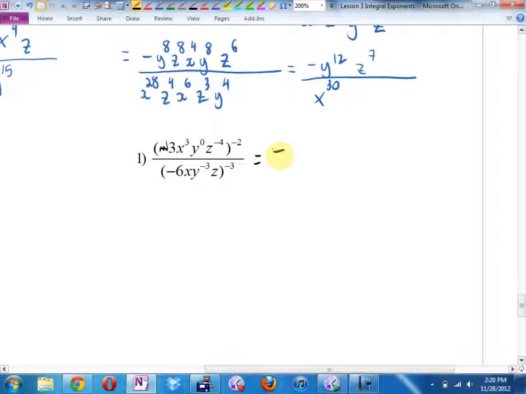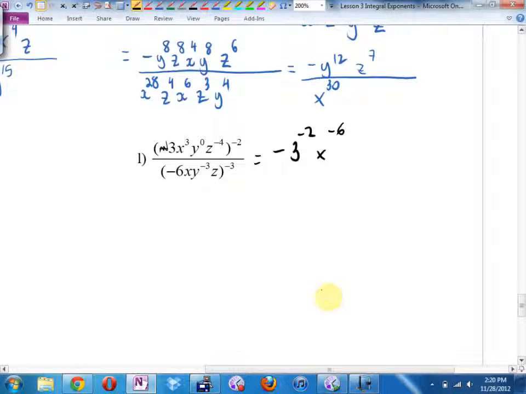Now let's go power to a power. I'll have a 3 to the negative 2, an x to the negative 6. By the way, what is y to the 0? What's 0 times negative 2? 0. Still y to the 0. You know what? It's still a 1. Do I really need to bother writing that 1?